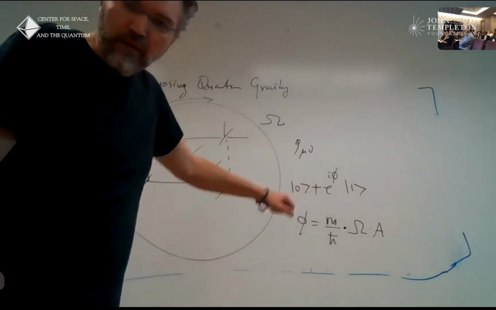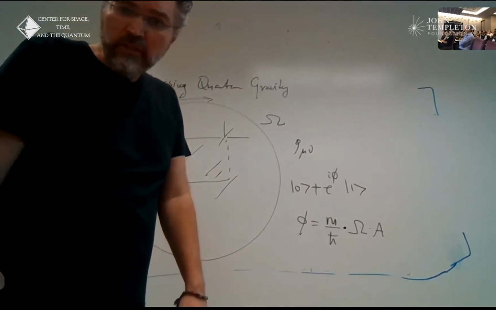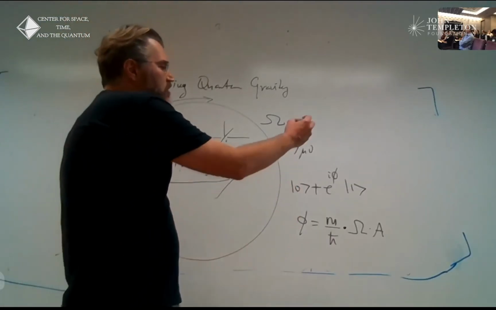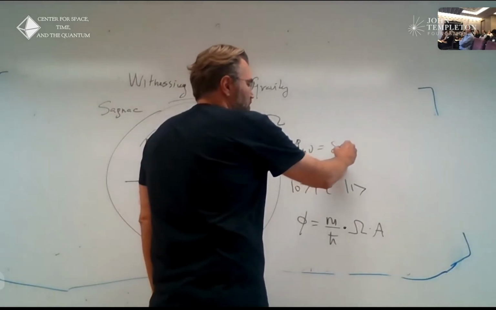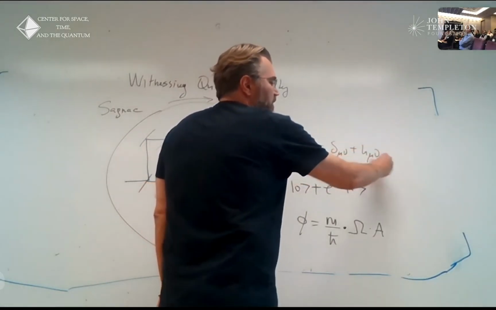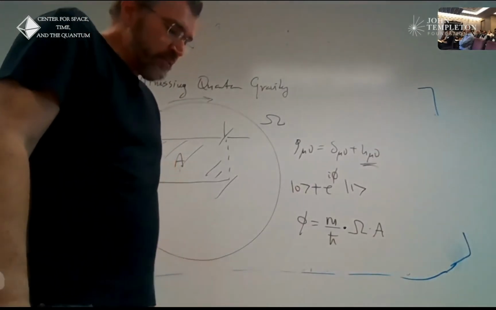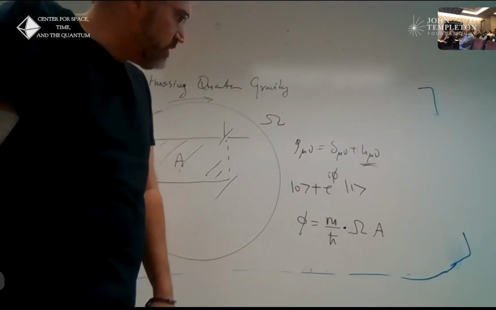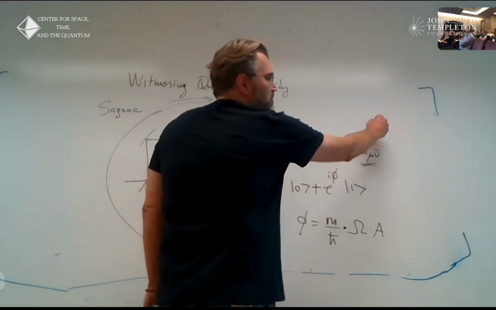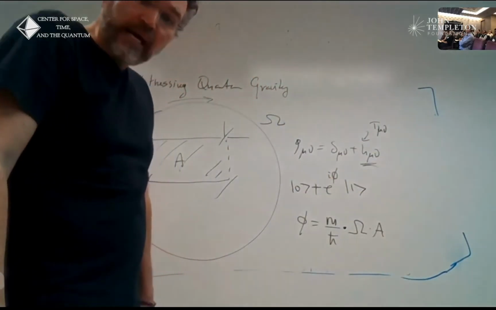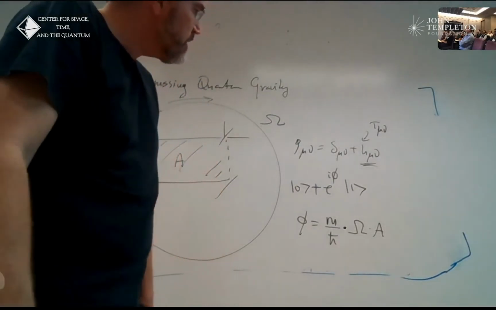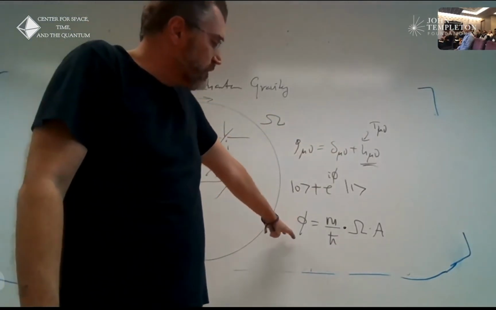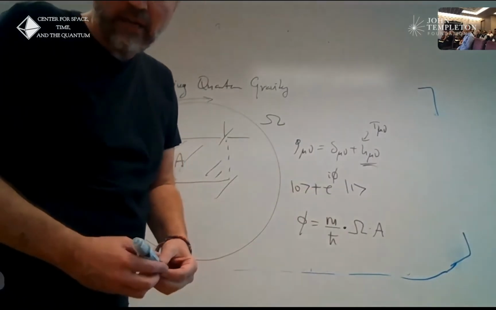In the limit of very small deviation from flat metric, you could write this as Minkowski plus an extra perturbation field. You can do the calculation exactly the same way that you would do in linear gravity. You could couple this h to T mu nu, and write down a Hamiltonian for this process. And if you solve the dynamics with that Hamiltonian, you will get exactly the Sagnac phase that I wrote down.